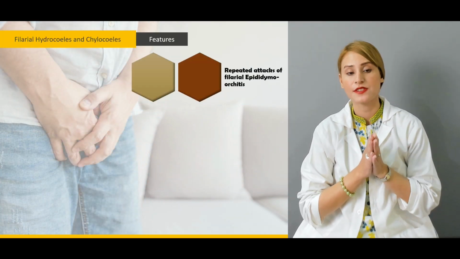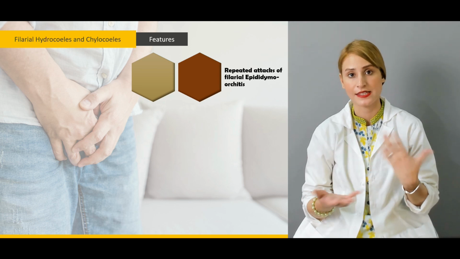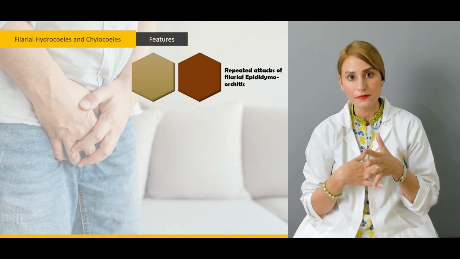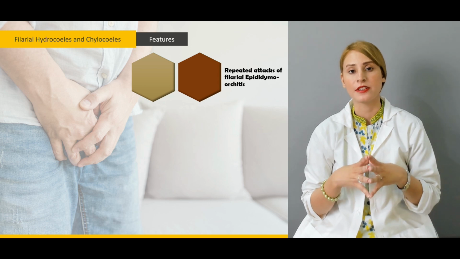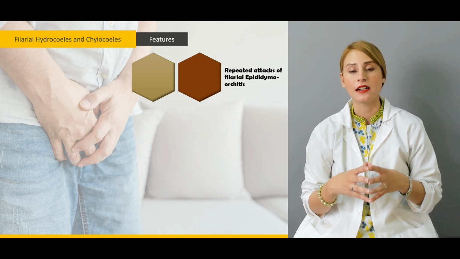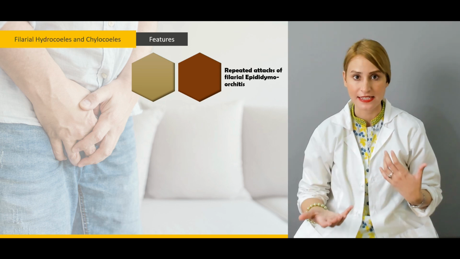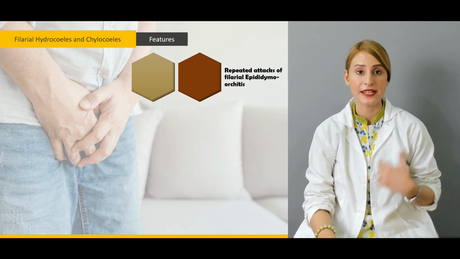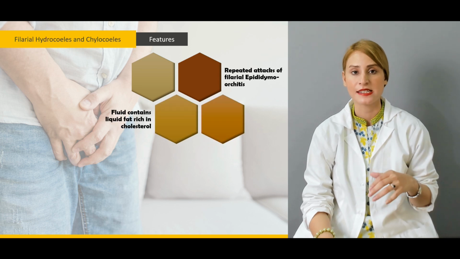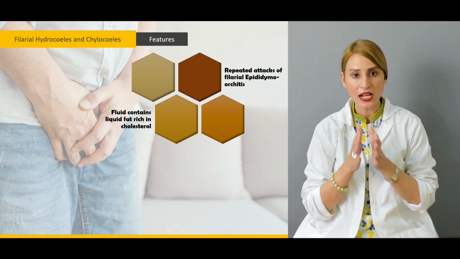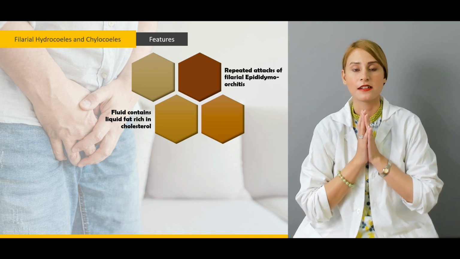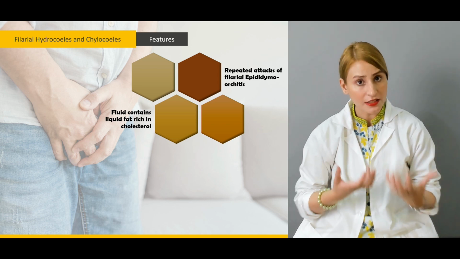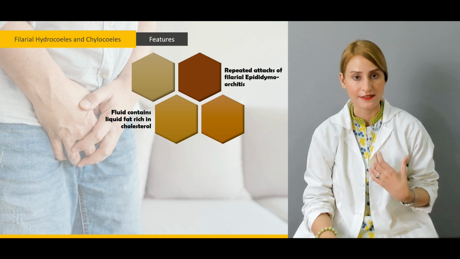There's another entity called filarial hydroceles and chylocoeles. This is an infection, and the organism responsible is Wuchereria bancrofti. This is also called filarial elephantiasis, because whenever recurrent attacks of epididymo-orchitis take place, the causative organism behind this is Wuchereria bancrofti, and the fluid contains a great proportion of cholesterol, so that's why they're called chylocoeles as well.